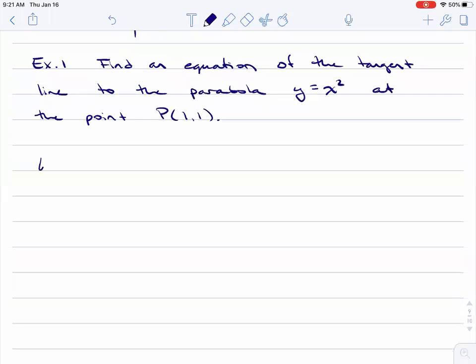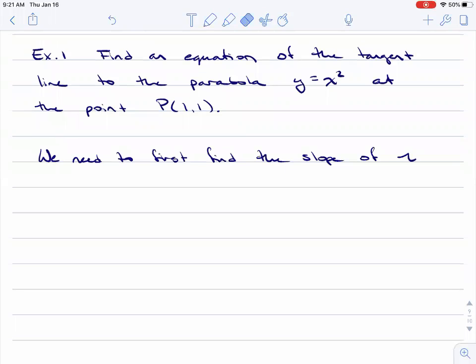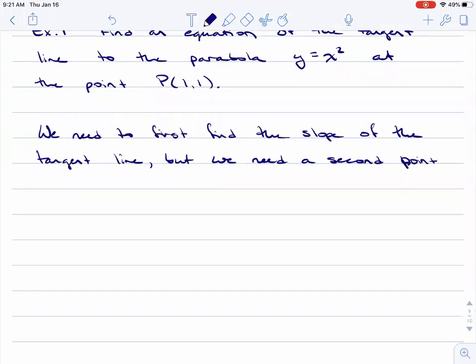And so we need to first find the slope of the tangent line, but we need a second point in order to do that.